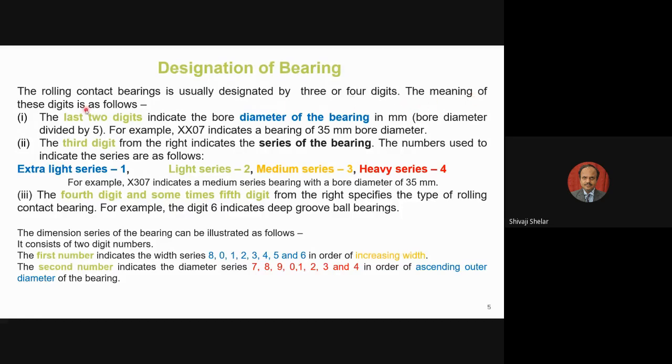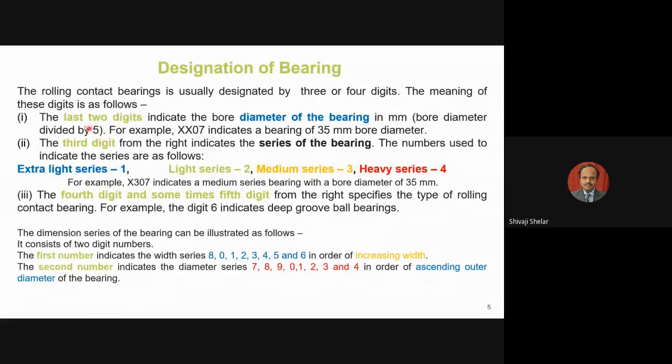Regarding the meaning of these digits, if I go from the right side, the last 2 digits indicate the bore diameter of the bearing. But it is not expressed in millimeters directly. The bore diameter in millimeters is divided by 5. Suppose you have a 40 mm shaft diameter, so the bearing hole has to have a 40 mm diameter.